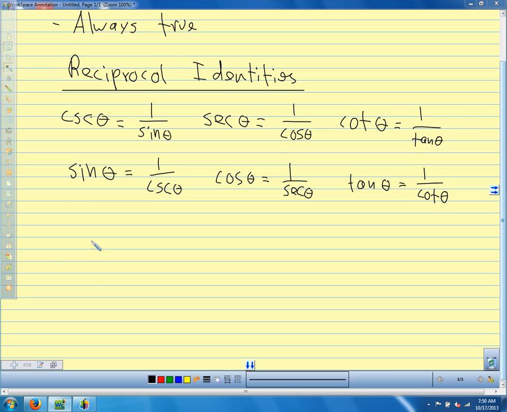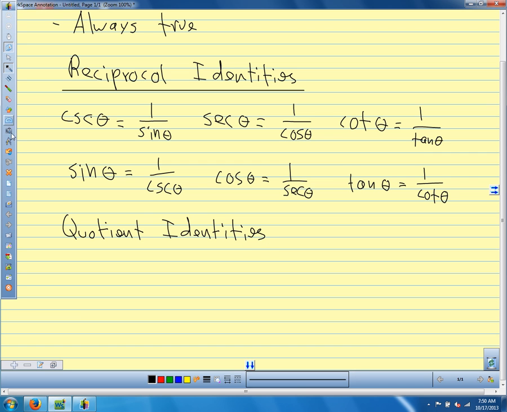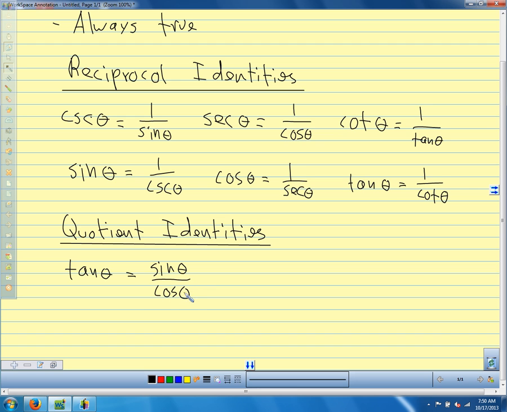The second set are called the quotient identities. We've talked about one of these at least already. We said that the tangent of theta is sine theta over cosine theta.